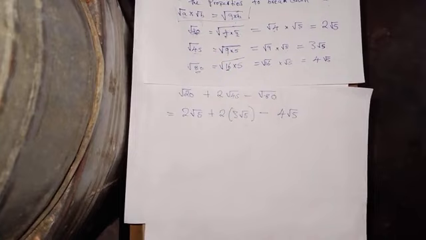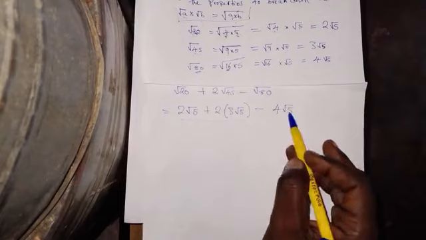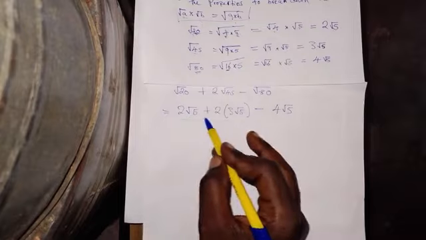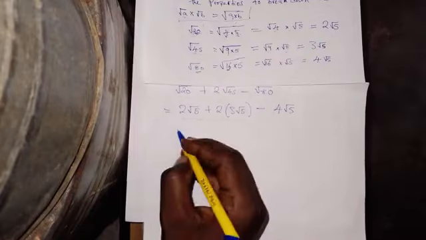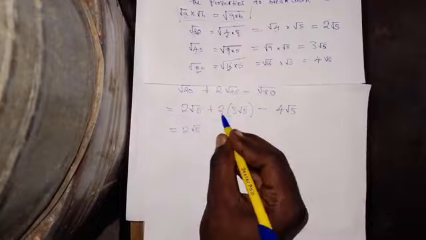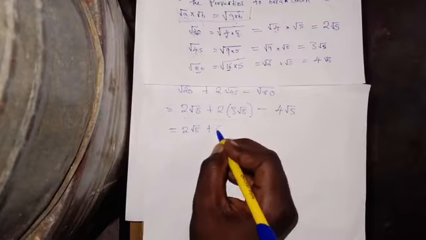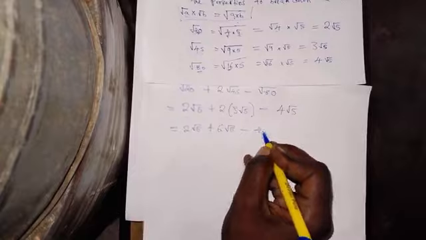So what do we have here? We have like terms. Remember, like terms are able to be added or subtracted. So this is the same as 2 root 5 plus 3 root 5 minus 4 root 5.